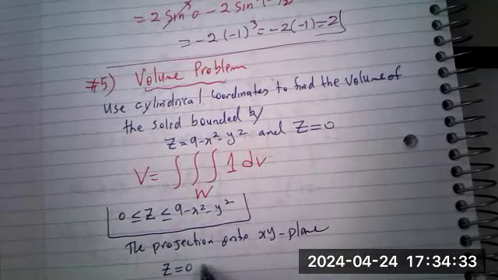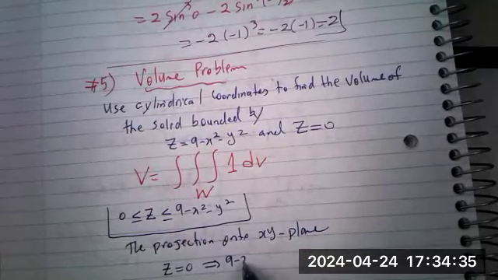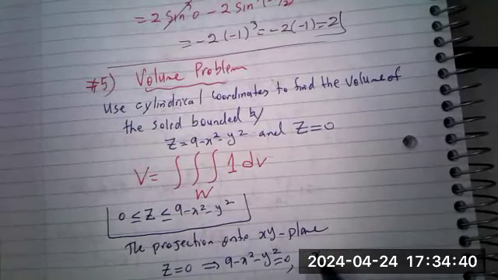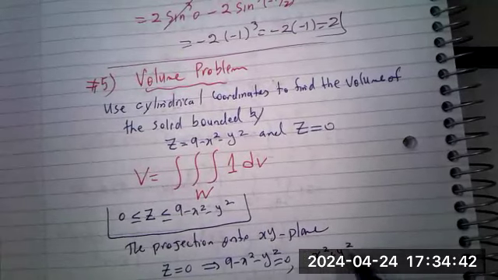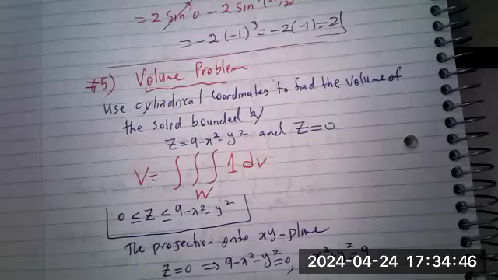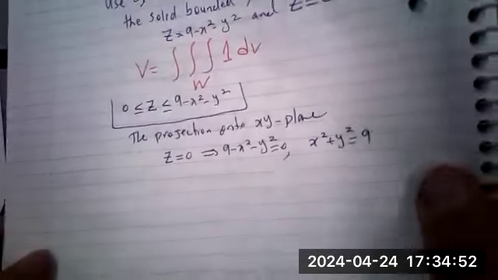So that gives you 9 minus x squared minus y squared equal to 0, so x squared plus y squared equal to 9. If it was anything else, like z equal to 1, you let it equal to 1, like the example that I did during the lecture. So that gives you the projection.